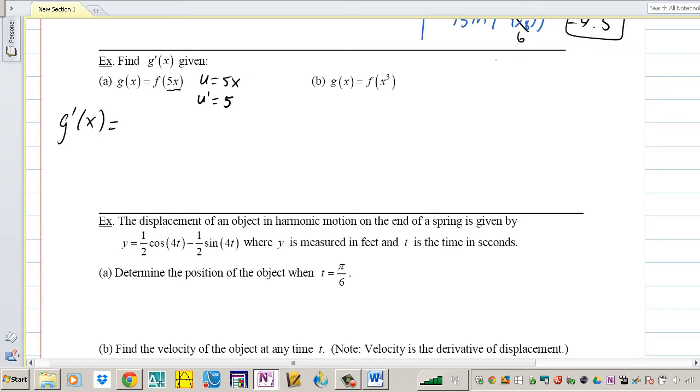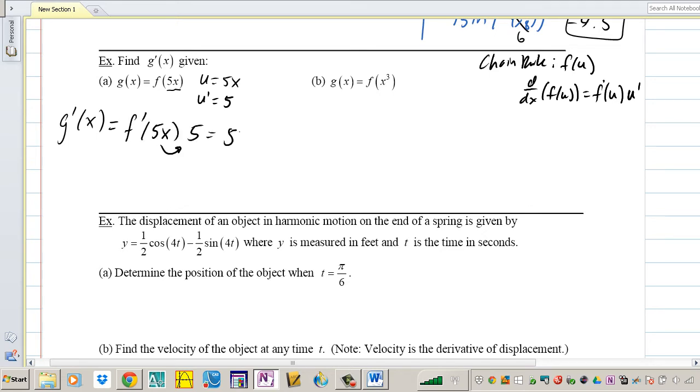If I follow the chain rule, which said that the derivative of f of u is f prime of u times u prime, let's go ahead and do that. It's going to be f prime of 5x times 5, which is just 5 f prime of 5x. Done.